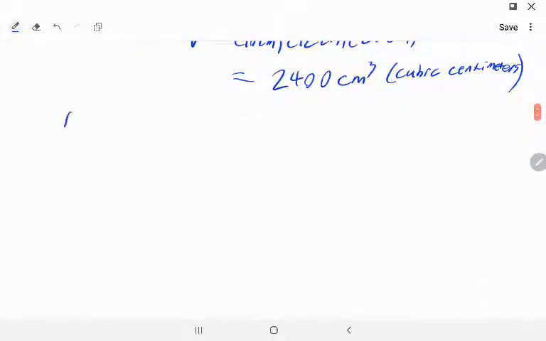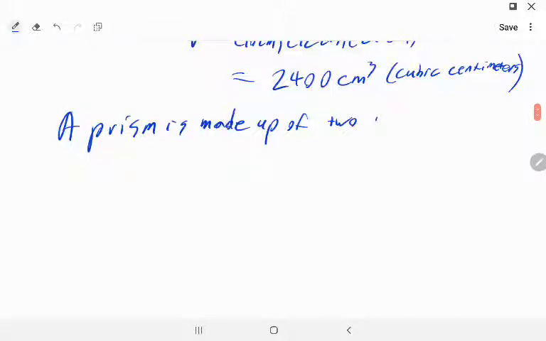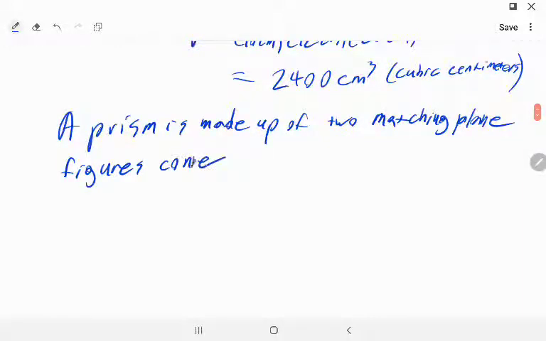A prism is made up of two matching plane figures connected by rectangles.